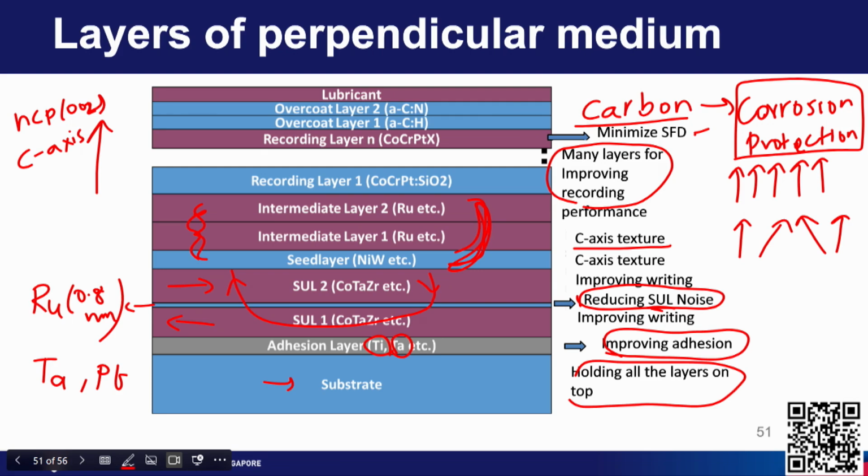So why do we have two carbon layers? The first carbon is deposited with some hydrogen during the deposition. The second carbon is deposited with some nitrogen during the deposition. All these layers, until the top carbon layer, are sputtered.